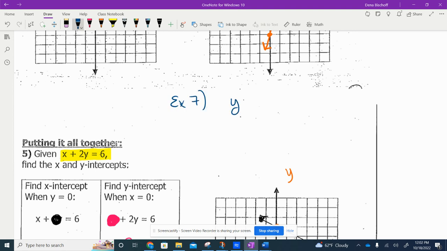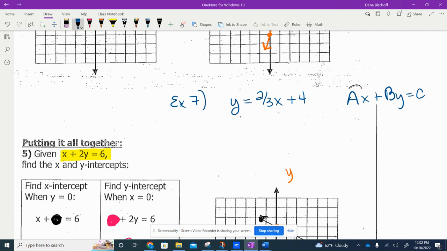So I'm going to give you the equation y equals 2/3 x plus 4. And I want you to write it in standard form, ax plus by equals c. So how are we going to do that? I have to get the x and the y on one side.